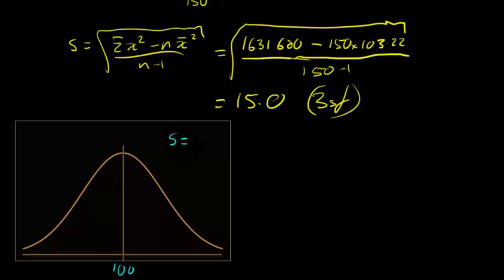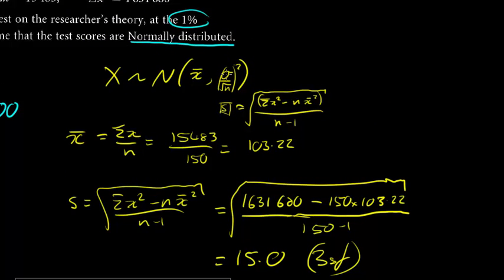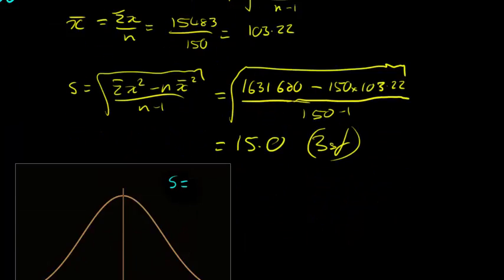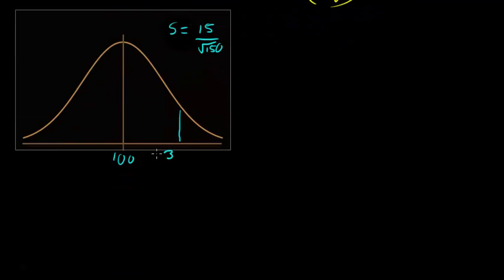So S over square root of n, because we're dealing with a distribution of sample means, so that's going to be 15 over the square root of 150. And then we're looking at the specific value at 103.22.